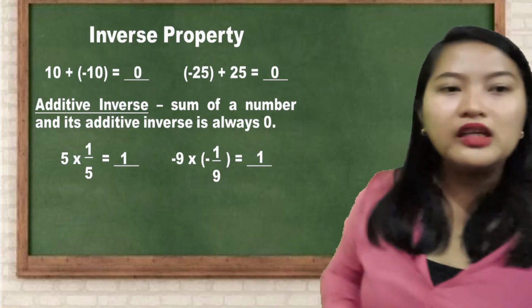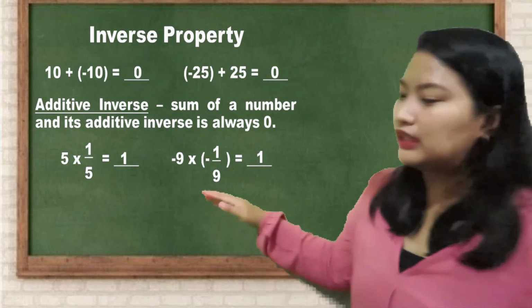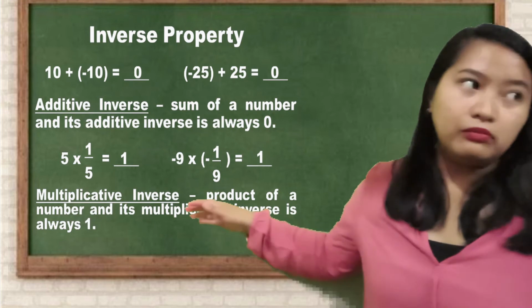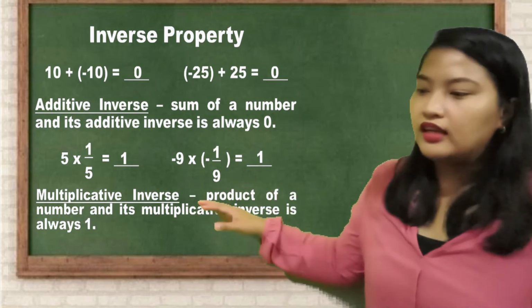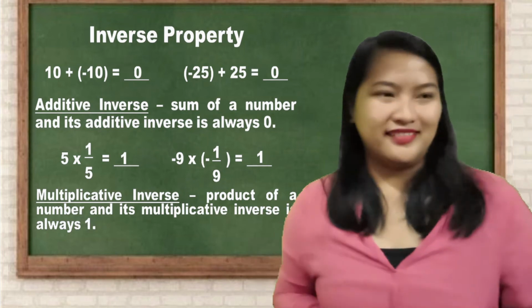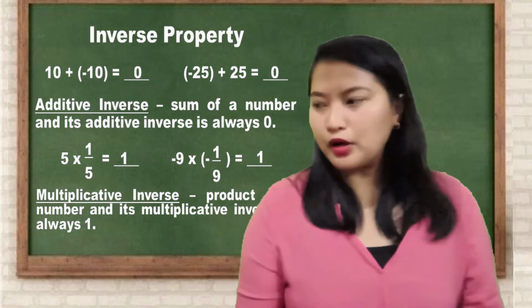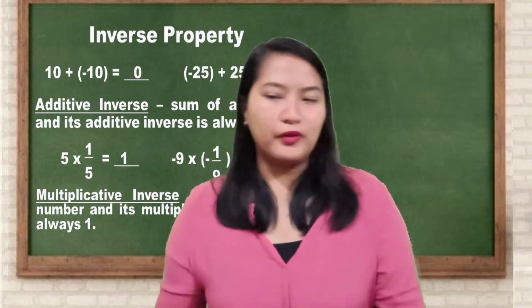So what do we call this one? Okay, very good class. It is multiplicative inverse. So always remember, the product of a number and its multiplicative inverse is always 1. Okay, now that you know the 6 properties of our integers, let's do a practice.